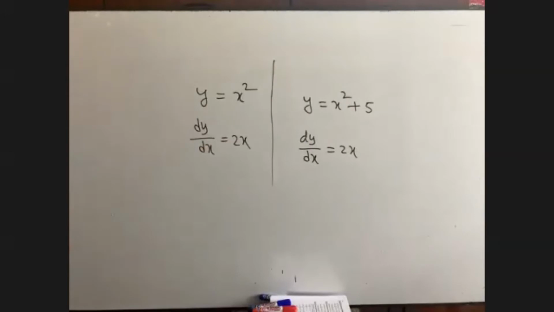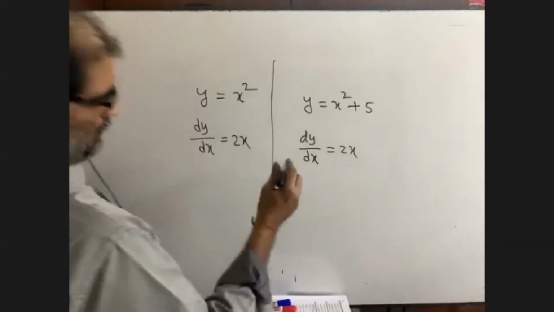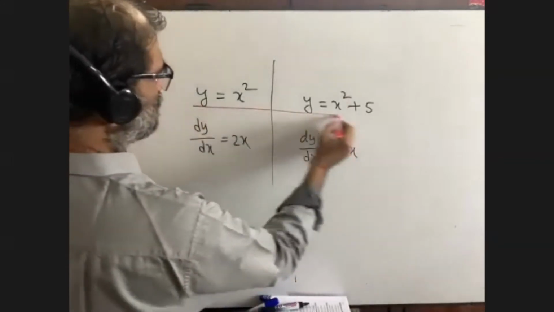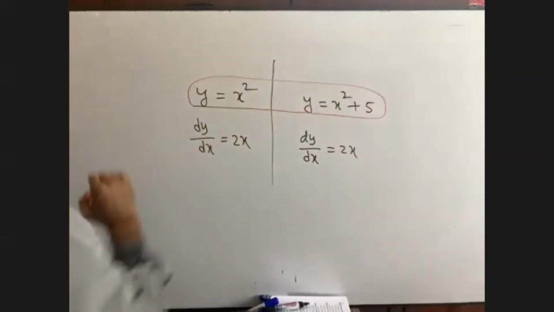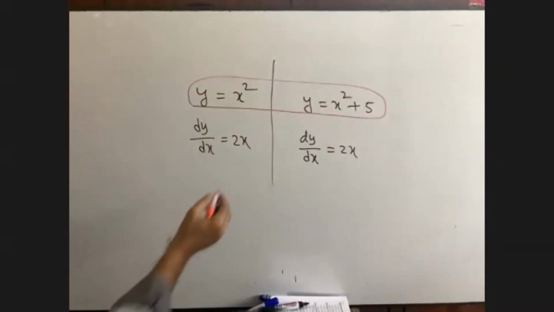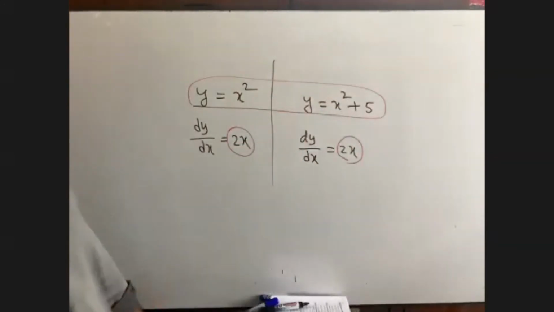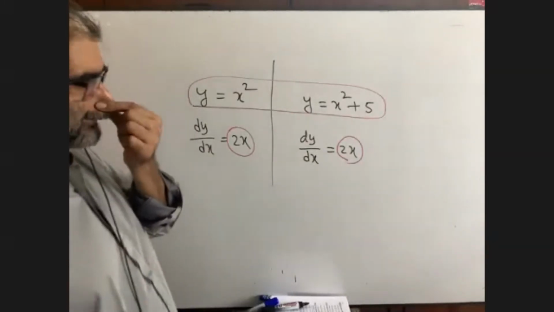So actually, what is happening here? Definitely, these two functions are not the same, but we are getting the same derivative of the two different functions. How is it happening and why is it happening?